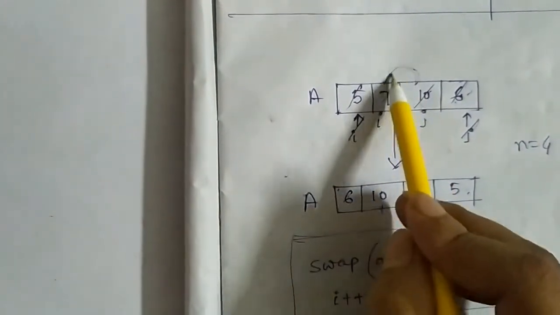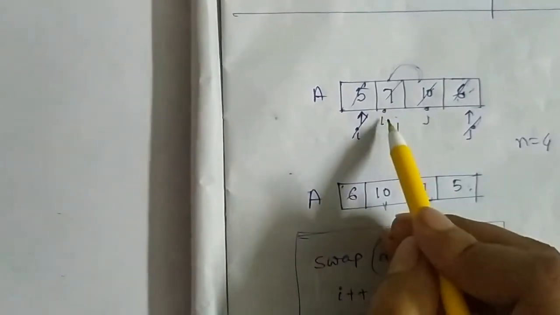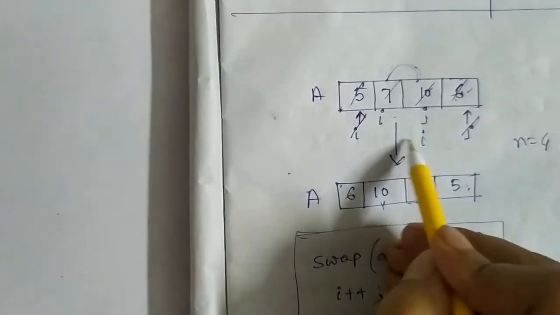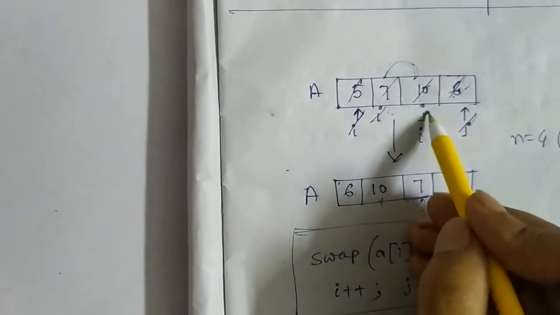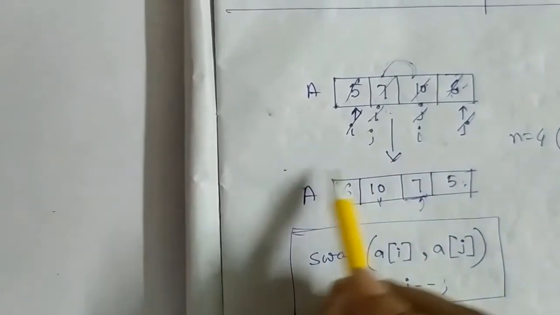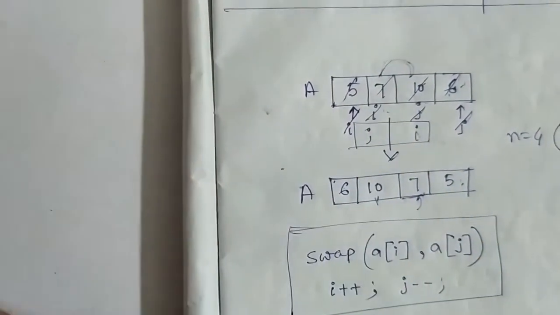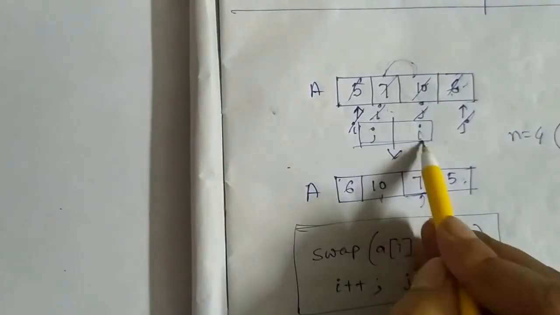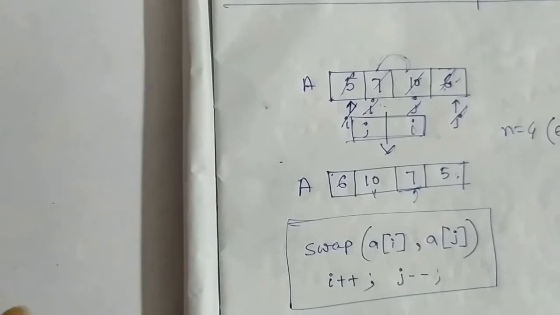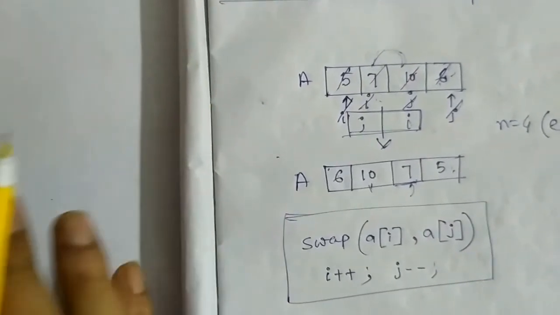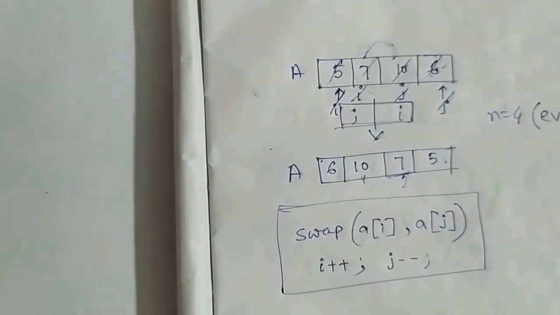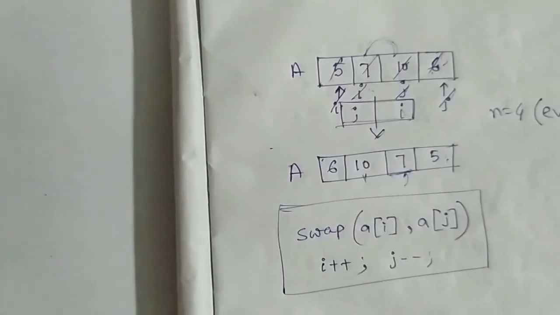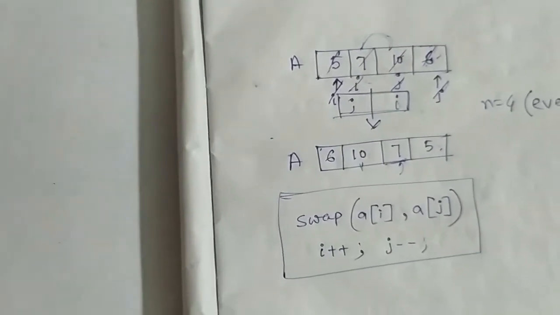Then after the swap is done, I increments and comes here, and J decrements and comes here. So we can clearly see that I and J have crossed each other, which means my entire array has been rotated, and I need not go for any further iteration.